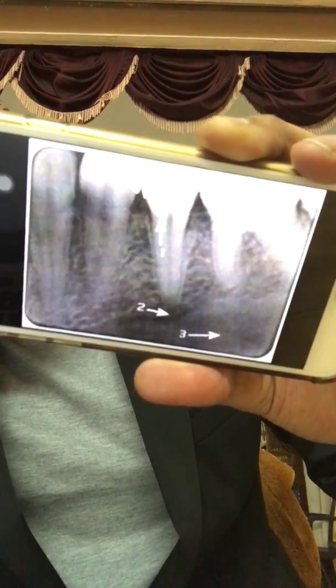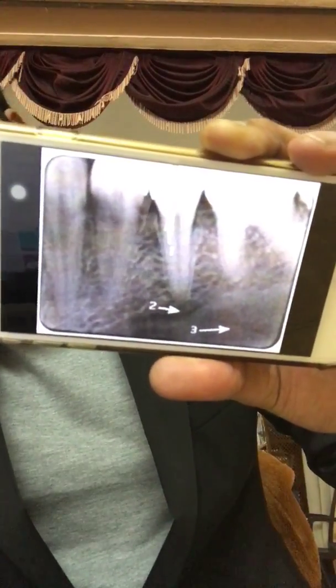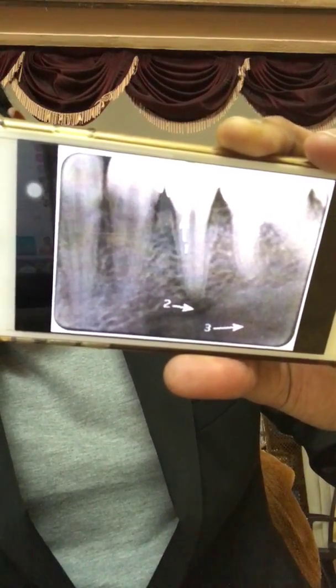So the mandibular bone region, trabecular process. Right. Okay. So 1, if you remember, is a junction between the more radiopaque and less radiopaque structure. So 1 is the CEJ, cemento enamel junction.